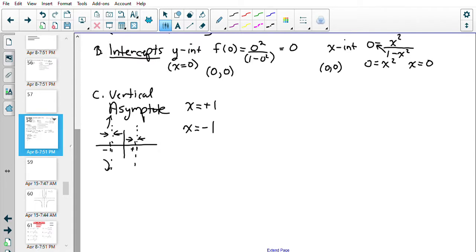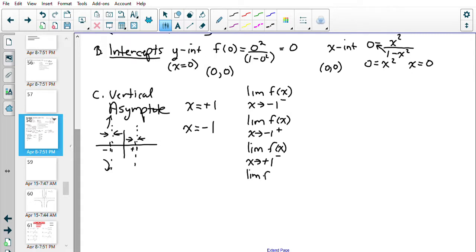So we write 4 different tests here. We will do the limit of the function as x approaches negative 1 from the negative side. We will do the limit of the function as x approaches negative 1 from the positive side. We will do the limit of the function as x approaches positive 1 from the negative side.